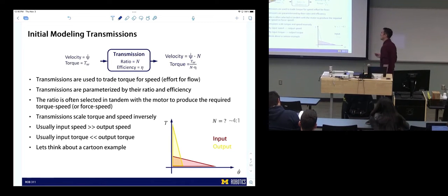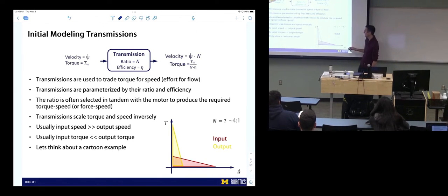Okay, so we talked about transmissions, modeling them with their efficiency. This was an example of how transmissions change torque and speed. Someone talk me through this graph. What is this saying? What are these triangles? Torque is inversely related to the output angular velocity.